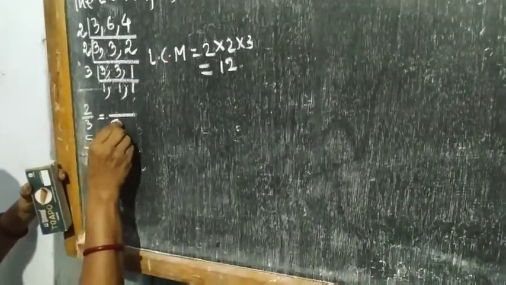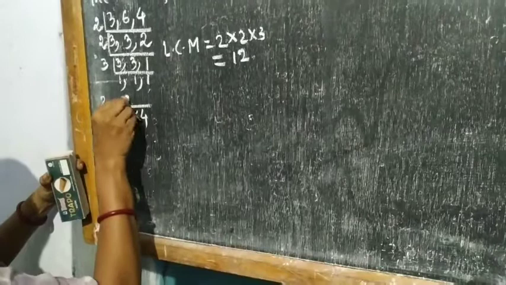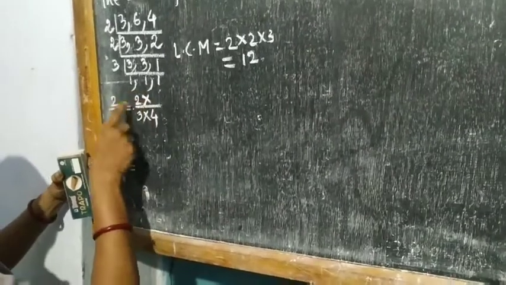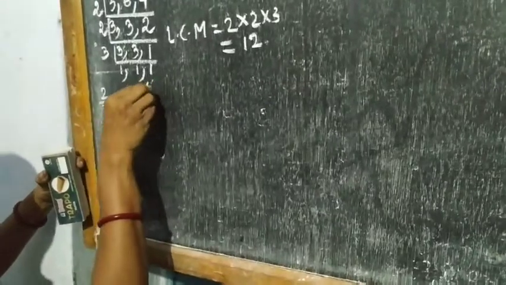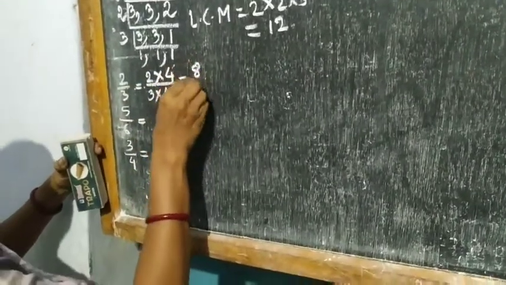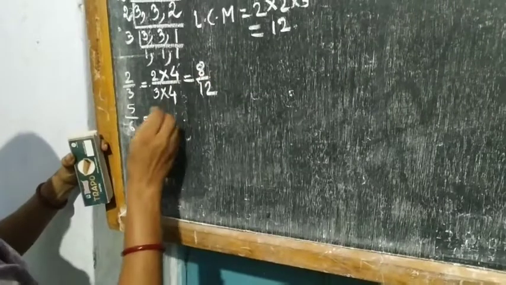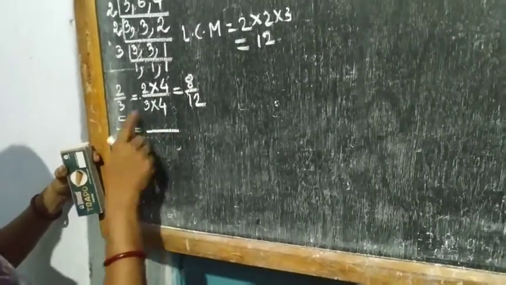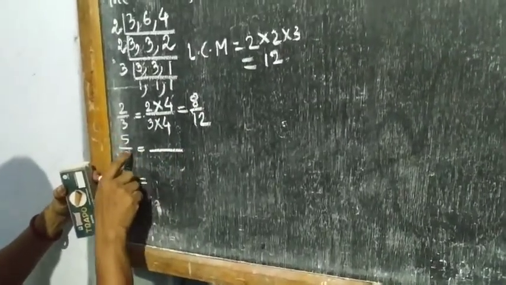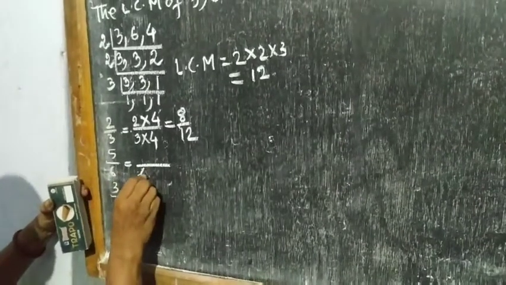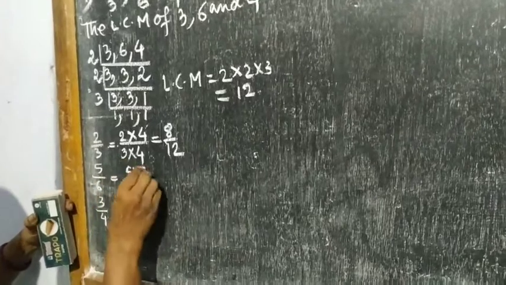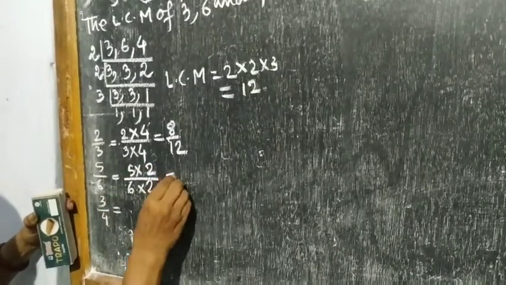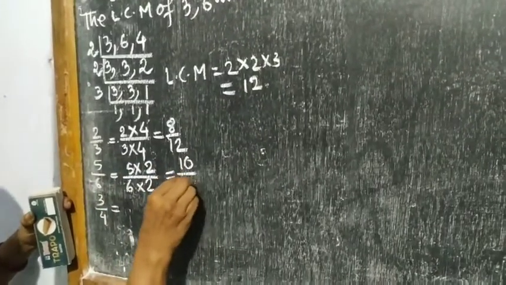So 3 into 4, and you also have to multiply the numerator with the same number 4. 2 into 4, so 8 by 12. Again, you have to make the denominator of the fraction 5 by 6 also 12. So 6 into 2, 12, and you multiply the numerator also with the same number 2. So 5 2s are 10, 6 2s are 12.